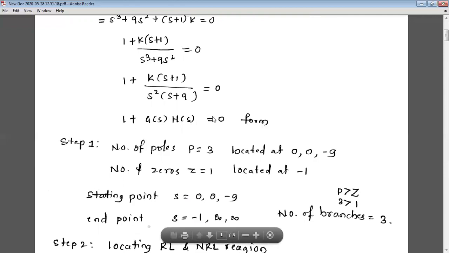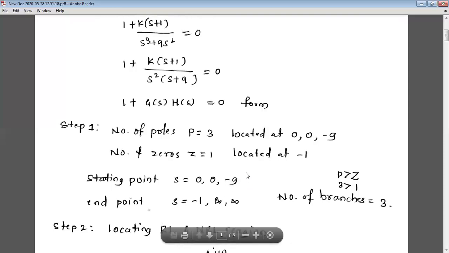Here we have only one zero, at -1, and two more zeros are located at infinity. So our root locus starts from these 3 points and ends at -1, infinity and infinity. In this traverse, the K value at the open loop poles will be 0. When the root locus reaches the zeros, the K value will become infinite, meaning a very large value.